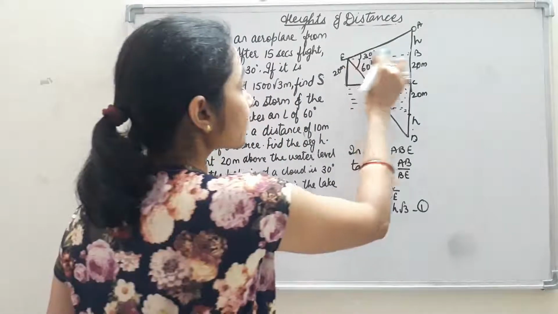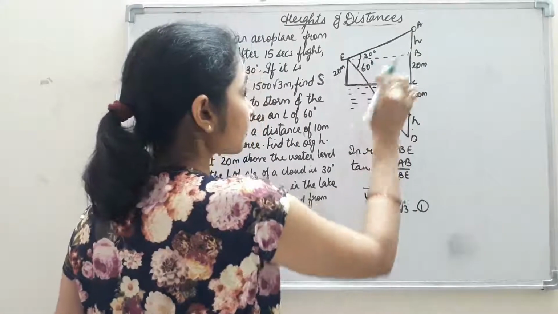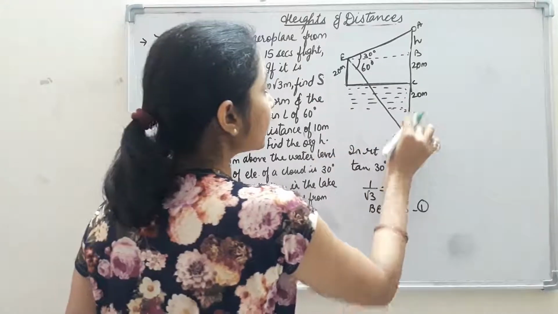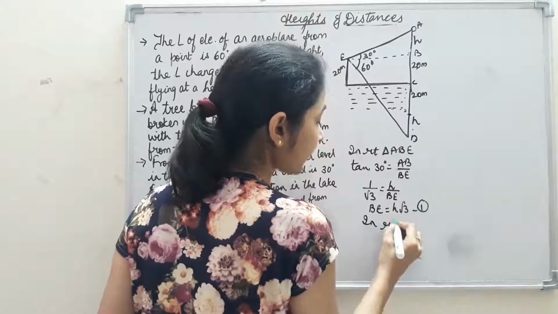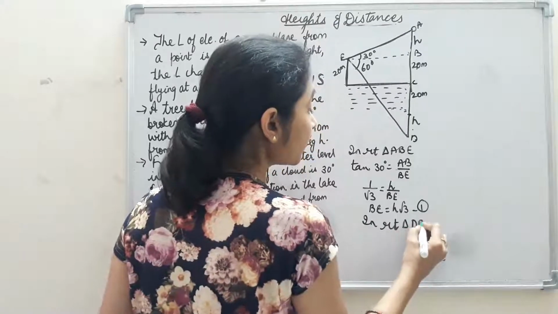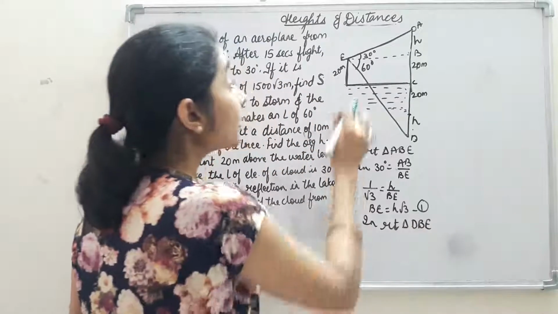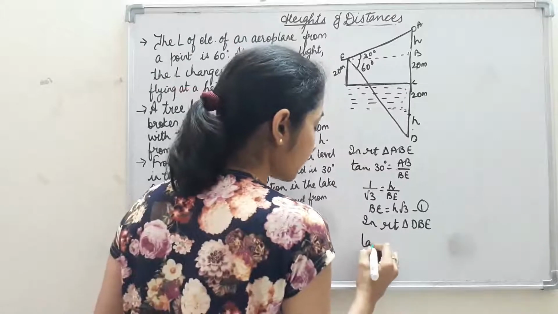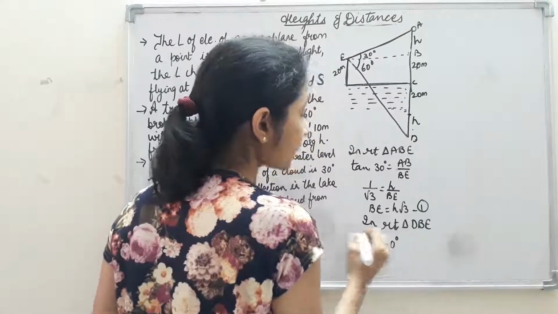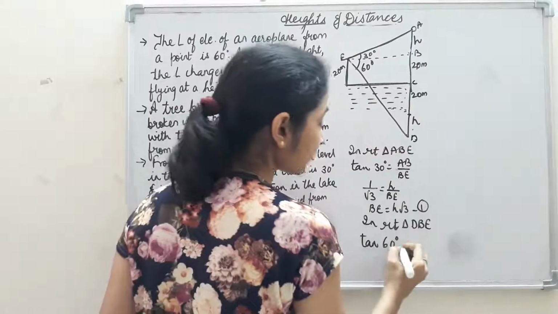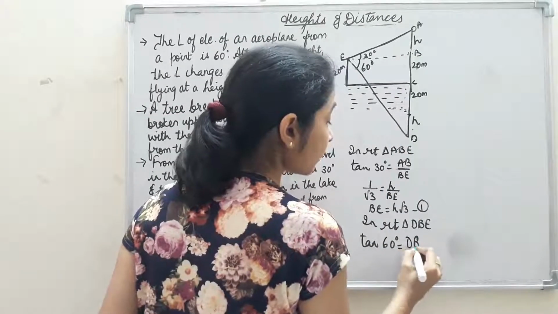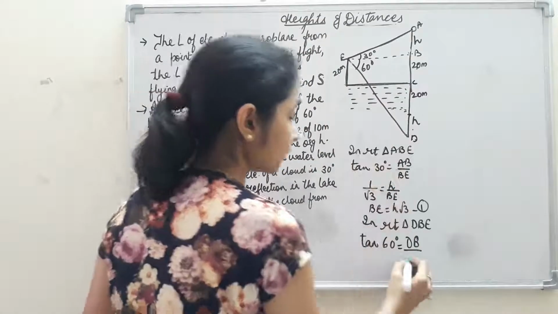Now we take the next triangle, this big one. So in right triangle DBE, tan 60 degree is equal to DB upon BE. The value of tan 60 is root 3. So root 3 is equal to DB upon BE.